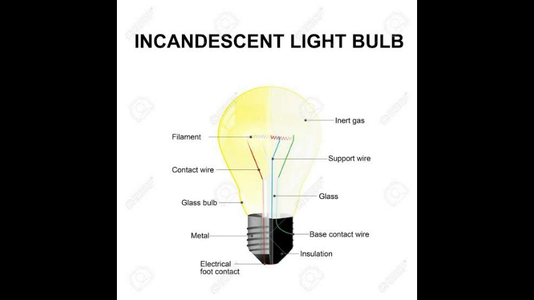While making this incandescent bulb, first we need to evacuate the gases which were already inside this glass tube, the outer glass you can see. Why are we evacuating the air? To prevent oxidation or corrosion, we need to remove the air inside the electric bulb.